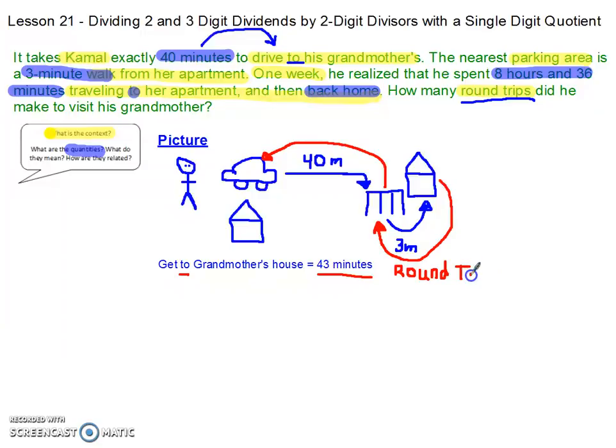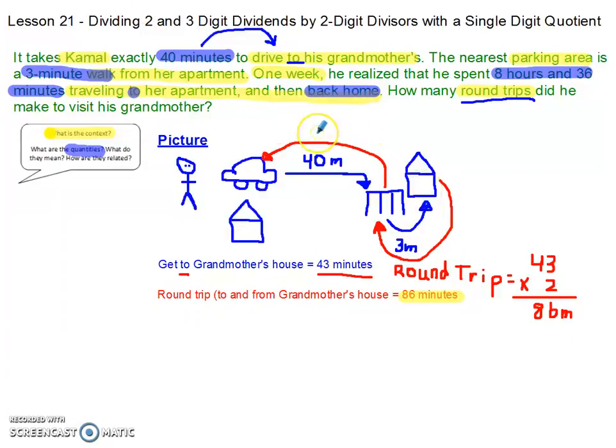So round trip is going to equal 43 times 2. So 2 times 3 is 6. 2 times 4 is 8. So a round trip would be 86 minutes.